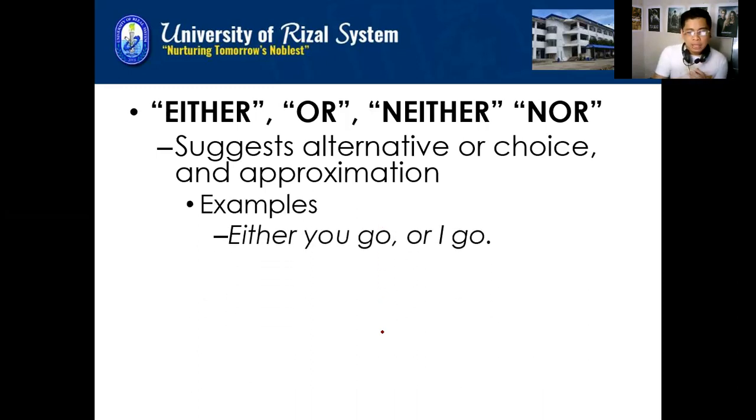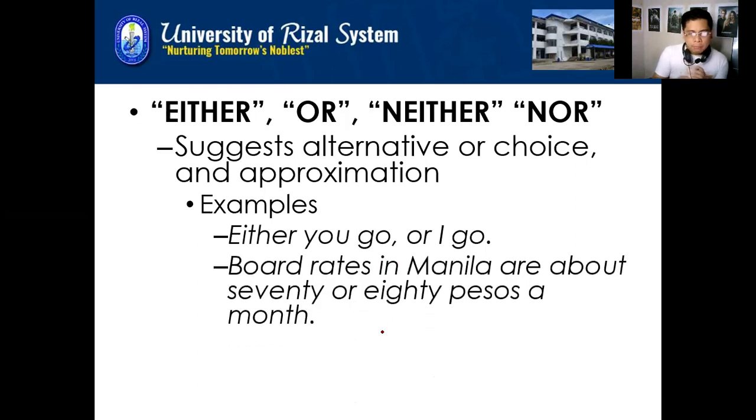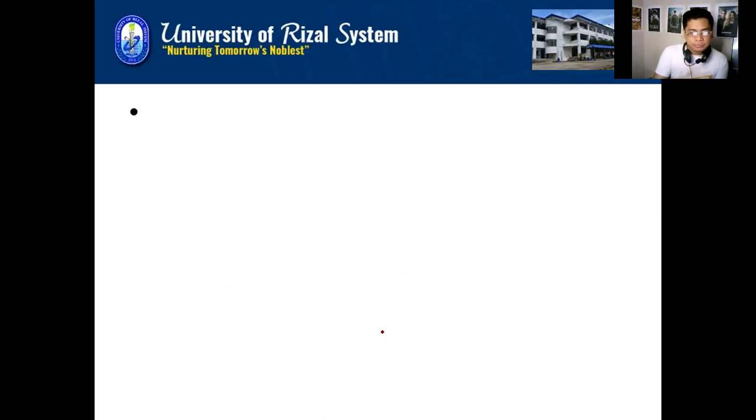For example, either you go or I go. So there's a choice whether the person you or the person I will go. Board rates in Manila are about 70 or 80 pesos a month. 70 or 80 pesos, suggesting approximation.